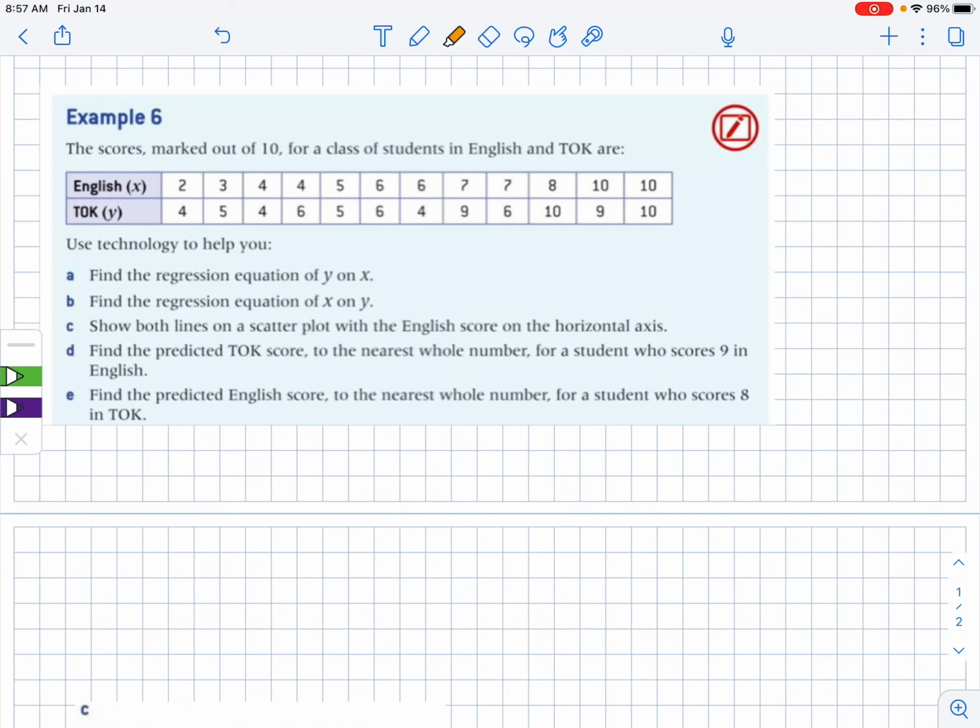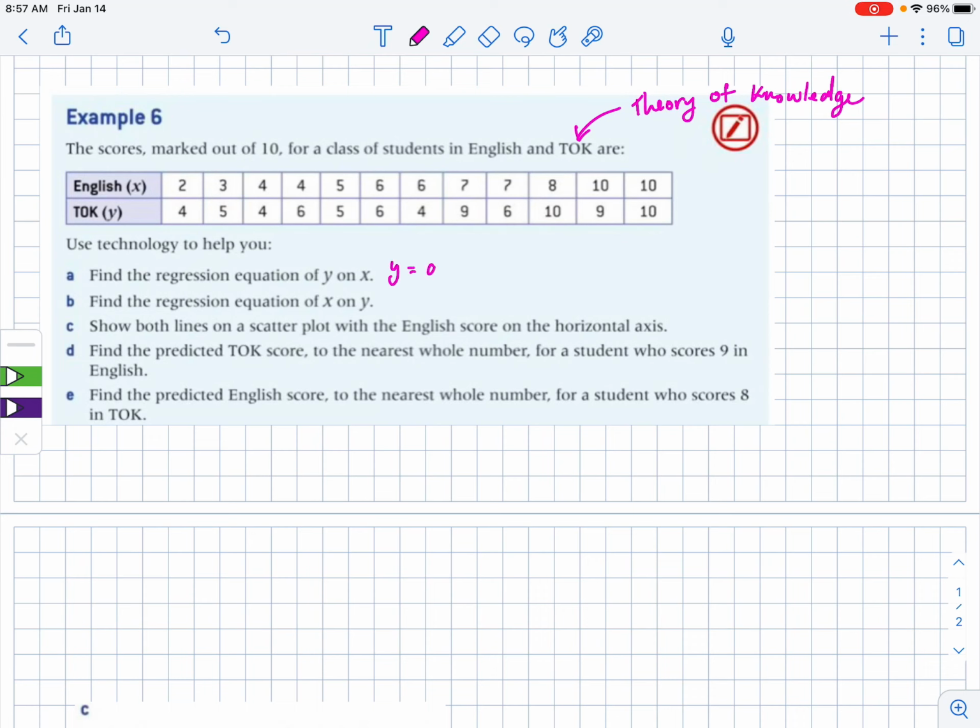Here's our one example we're going to do today. The scores marked out of 10 for a class of students in English and TOK. For anybody who's not familiar with TOK, this is an IB class called Theory of Knowledge. Use technology to help you find the regression equation of y on x.